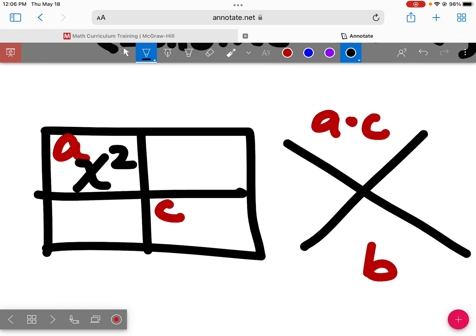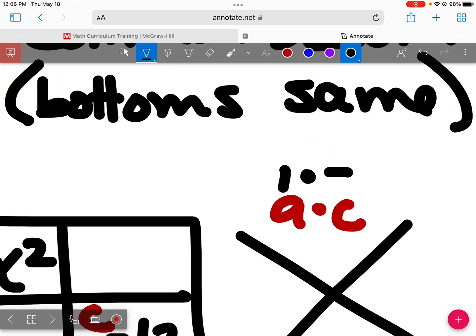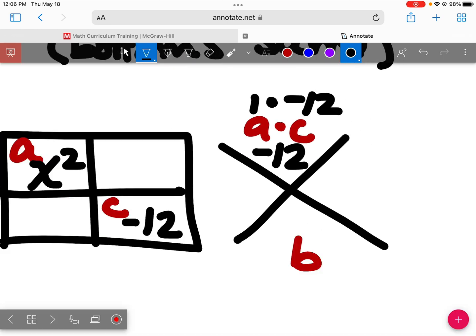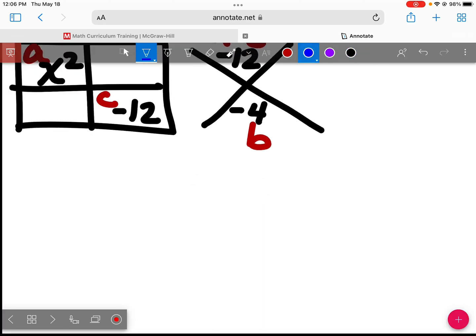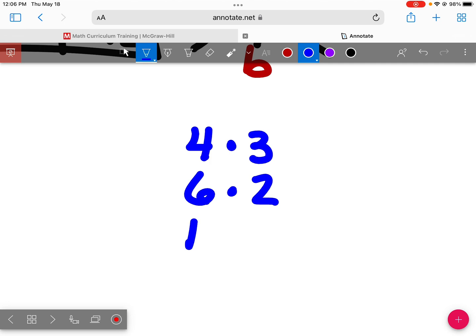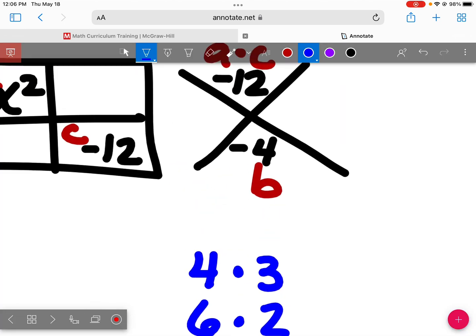All right, so I have x squared and negative 12. So 1x squared times negative 12. Two numbers that multiply together to give me negative 12, but add to what? Negative 4. What are some numbers that you know of that will multiply to 12? 4 and 3, 6 and 2, 12 and 1. Is B a positive or a negative number?